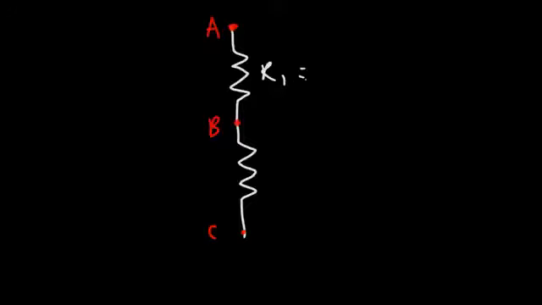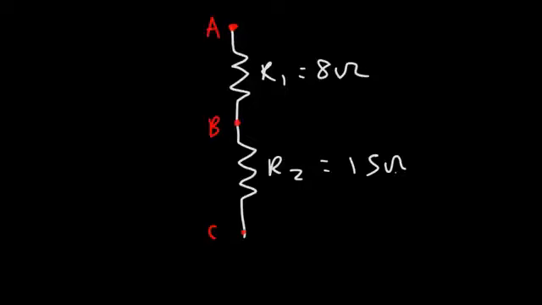Now let's work on a different type of problem. Let's say we have these 2 resistors and 3 points of interest. We're going to call this point A, point B, and point C. Let's say R1 has a resistance of 8 ohms and R2 has a resistance of, let's say, 15 ohms.